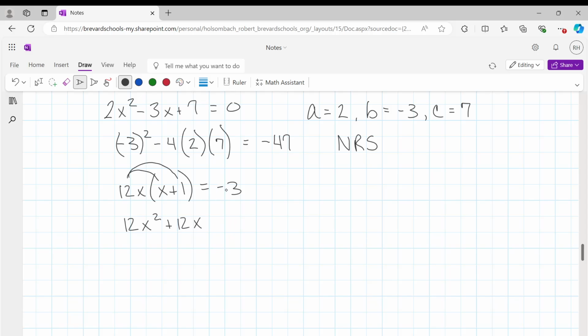We would move the -3 to the other side of the equal sign by adding 3 to each side, so plus 3 equals 0. And then here's our A, here's our B, and here's our C, and you can handle it from there, right? Just make sure that you have this quadratic in standard form before you start evaluating B squared minus 4AC.